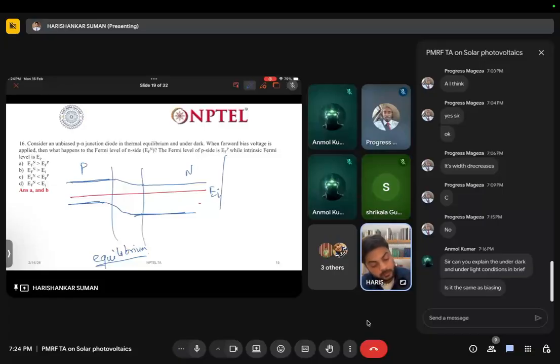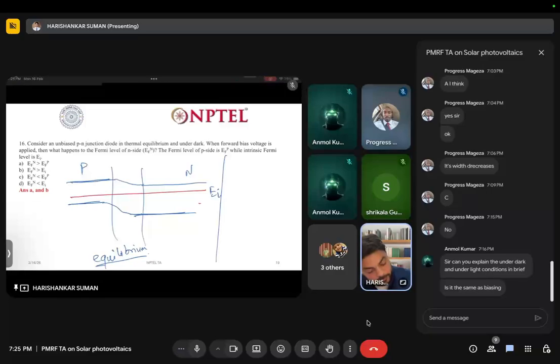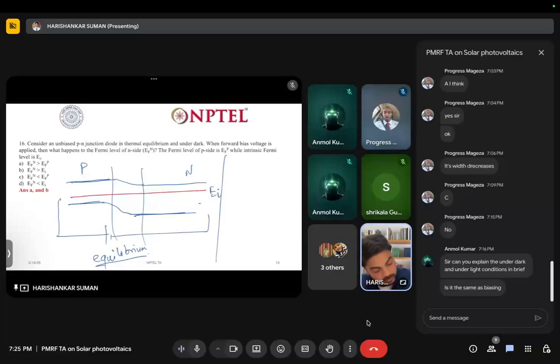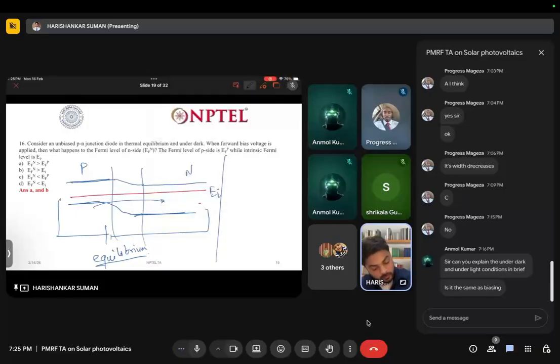Okay. Now what will happen when we connect this forward bias? Holes go from here to the n side, as we discussed earlier.